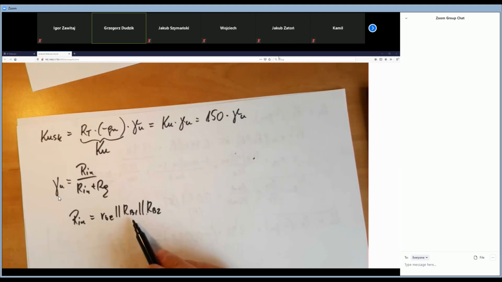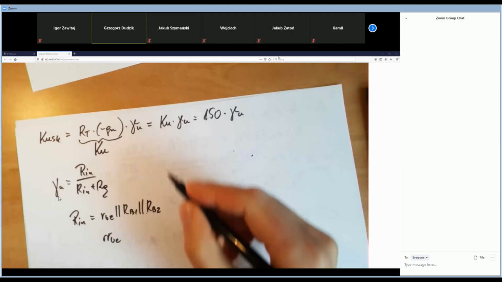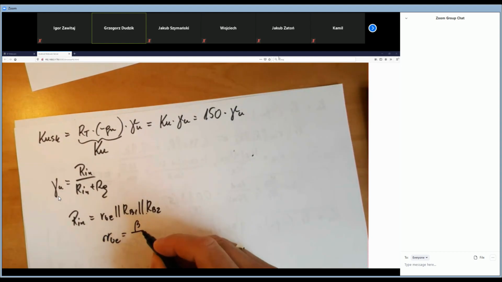We've got the RB1, we've got the RB2, but we haven't got the RBE. But if you take a look at the expressions for the transconductance and input resistances for the transistors, we said that RBE is beta over GM.